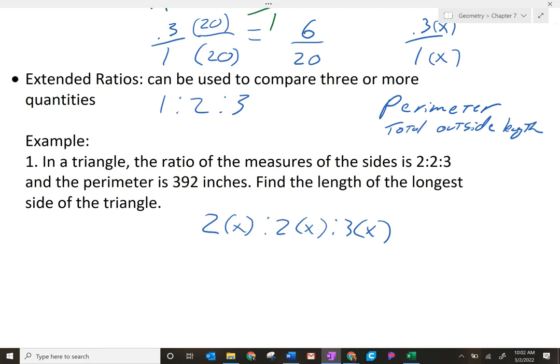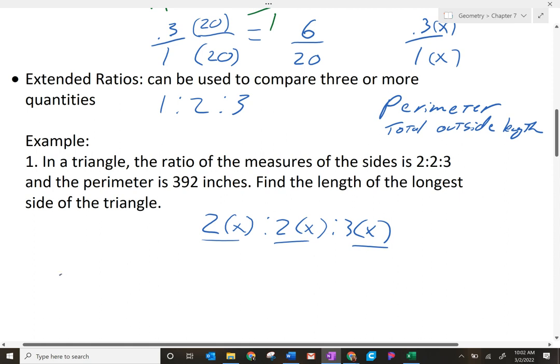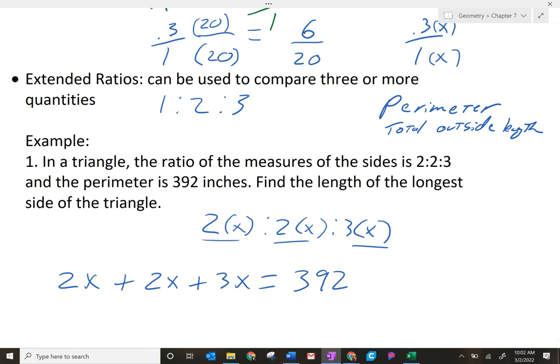So to solve this one, each one of those sides, instead of having it written like this to this to this, I can write it as 2x plus my next side plus my next side, and that's going to equal the entire perimeter, that 392 inches. And as soon as you see how to set it up, does it look so bad anymore? No, it looks like a regular algebra problem that we can do.